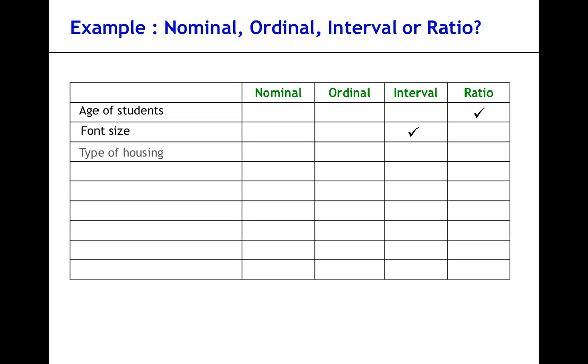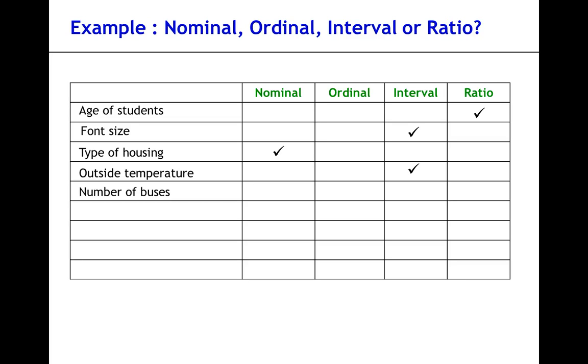For type of housing, data are classified by categories, and the categories have no particular order or ranking, so that's nominal scale. For outside temperature, 40 degrees is hotter than 20 degrees, so some form of unit of measurement is involved. However, the unit of measurement may not be in multiples of each other, so 40 degrees may not just be twice as warm as 20 degrees, so that's interval scale.